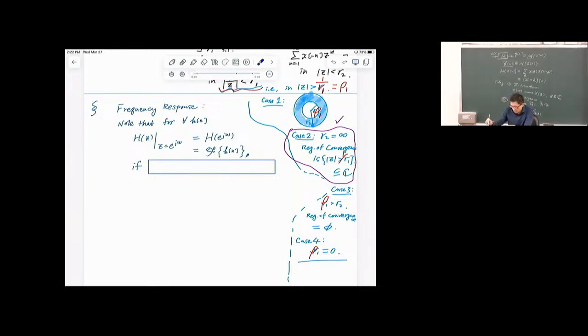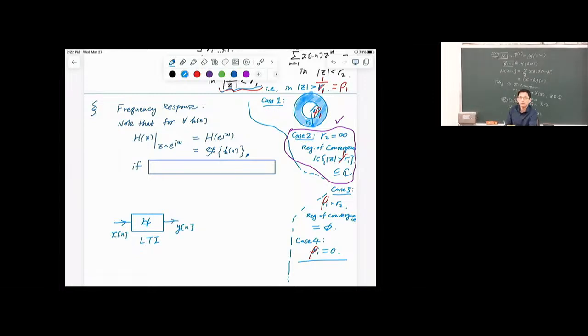So the next concept I'd like to mention is frequency response. To summarize this lecture, let's think about the context again. The context is that we have a system that we know is linear and time invariant, an LTI system, which receives an input x of n and produces an output y of n.